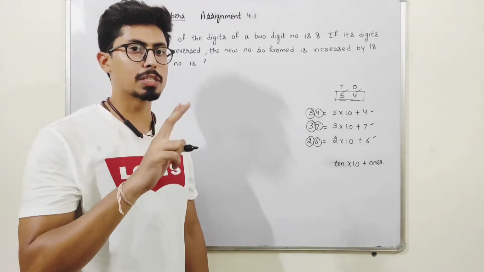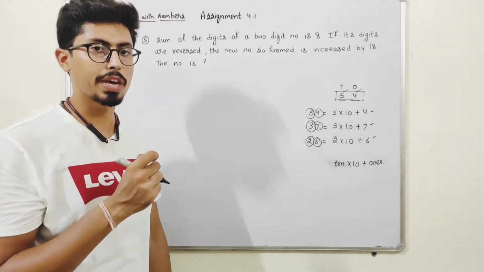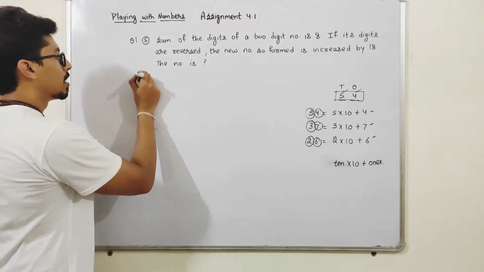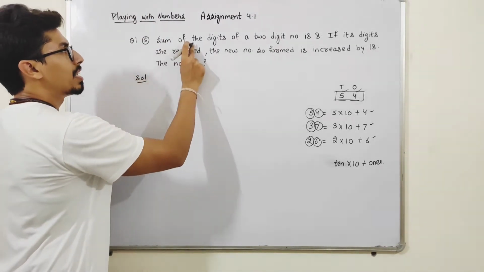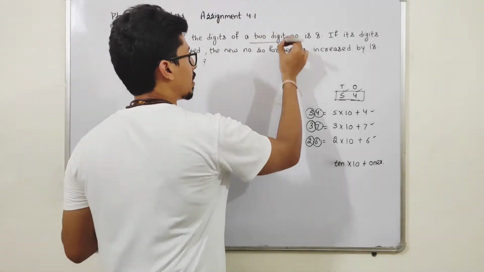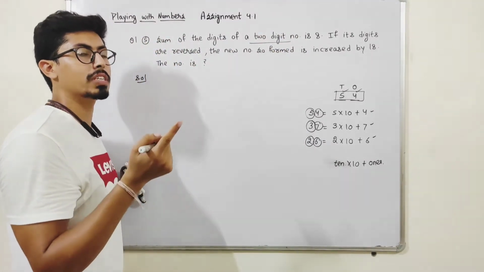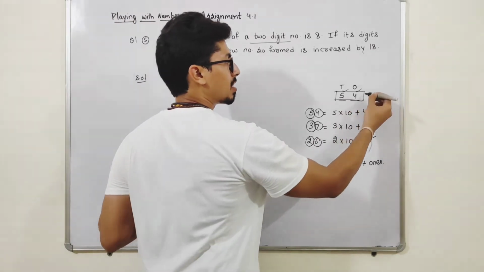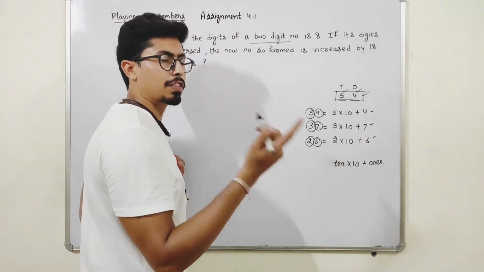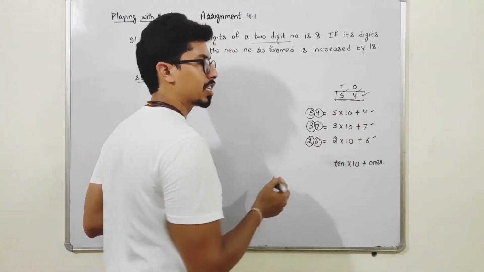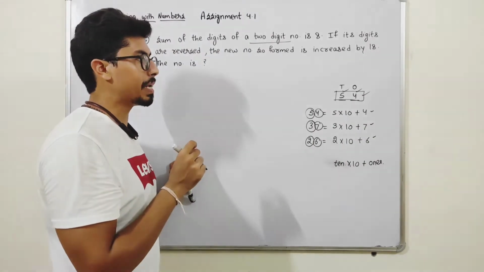So there is a difference between a number and a digit. Now, sum of the digits of a two-digit number. Like this is a two-digit number, and 5 and 4 are the digits. So the sum of these will be 9.